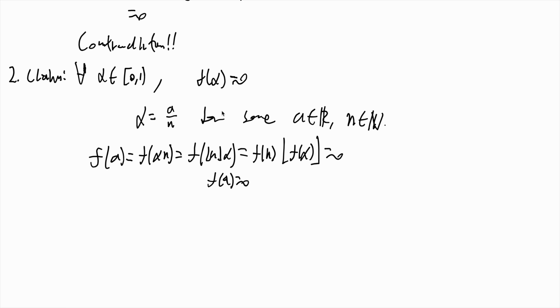So we said alpha equals a over n for some a in real numbers, but I want to say that a is defined for all real numbers. So in this case, it's for some real numbers, but in this case, a is defined in all real numbers.